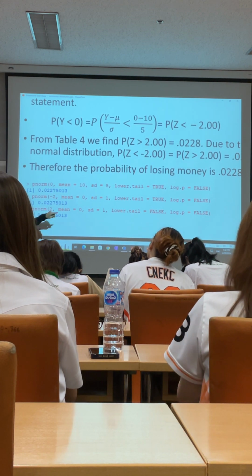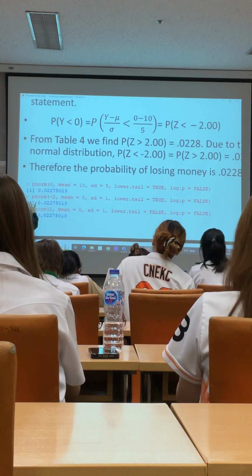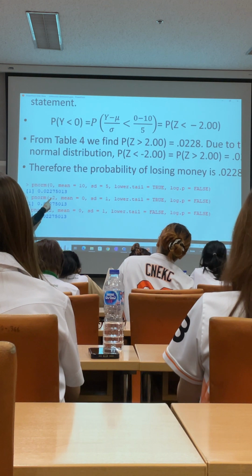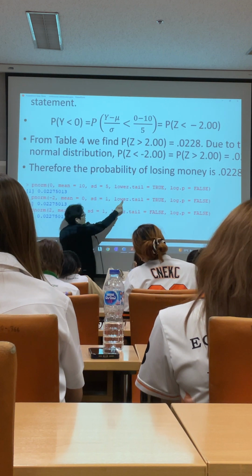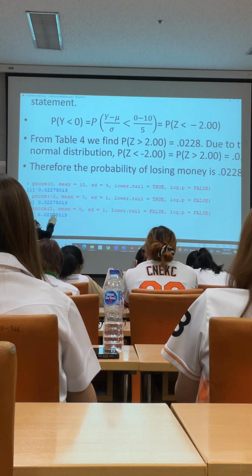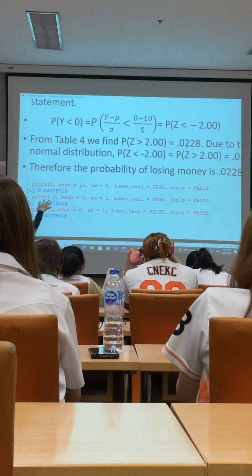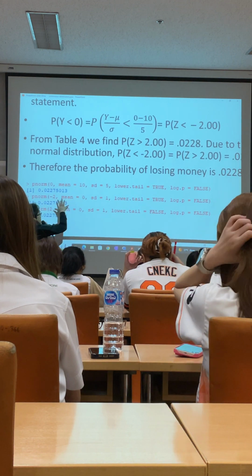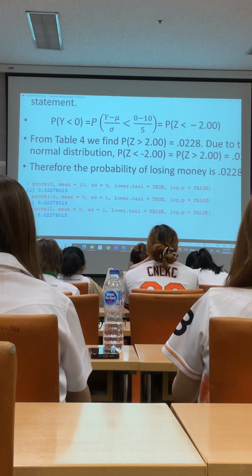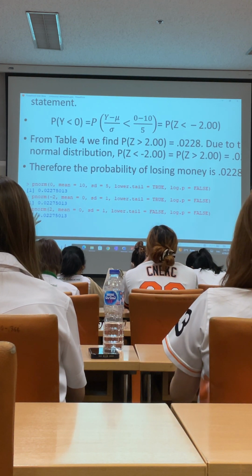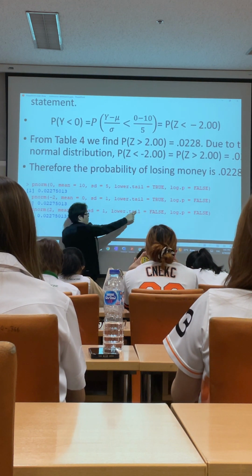The second line is when I'm using negative 2. This is the probability of z less than negative 2 because the mean is 0 and SD is 1. Again, lower tail has to be true, and you can see that it's the same number. So whether it's y or z, the mean doesn't have to be the same, but if they are equivalent, then the probability is the same. Here, I calculate the probability of z more than 2, because now lower tail is false, so I want the upper tail.